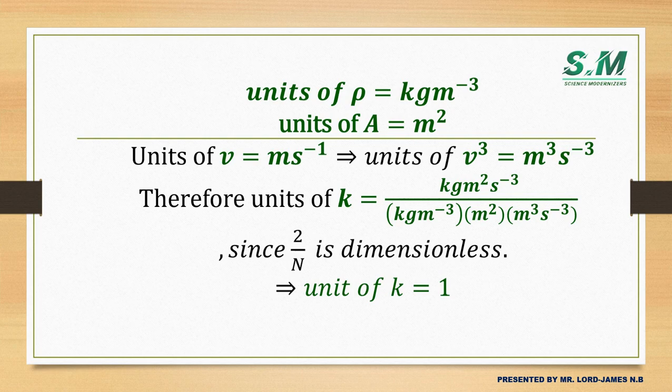So if we simplify this expression, the kilogram will cancel with the kilogram, the meters squared per meters cubed will cancel with this meters cubed, this meter squared will cancel with this meter squared, and the seconds to the minus 3 will cancel with the per seconds cubed, where we are going to deduce that the base unit of K is equal to 1, telling us that it is a constant.